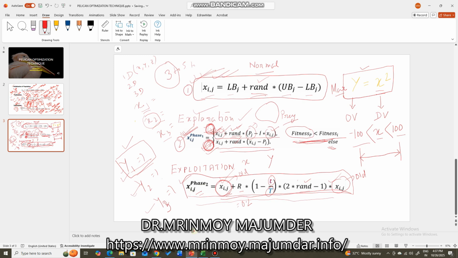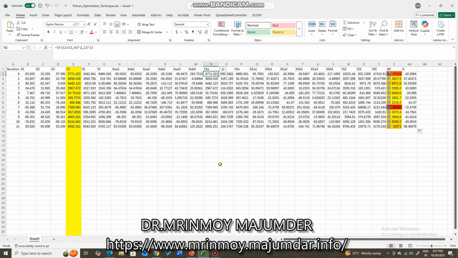If the optimal y is already identified in the exploration phase, we cannot ignore that. So we have to compare with the exploration when checking at the exploitation. That is why you see this check, if E2 is less than N2. N2 is the y after the exploration phase.